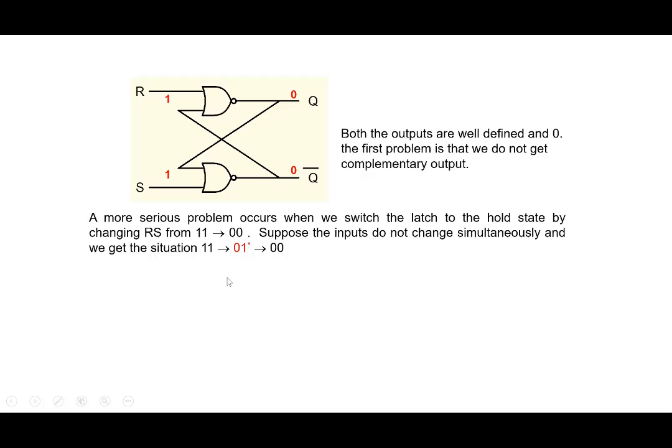So from 1 1 it's going to 0 0, but it goes through an intermediate state, because of the different times at which the input arrives at R and S.